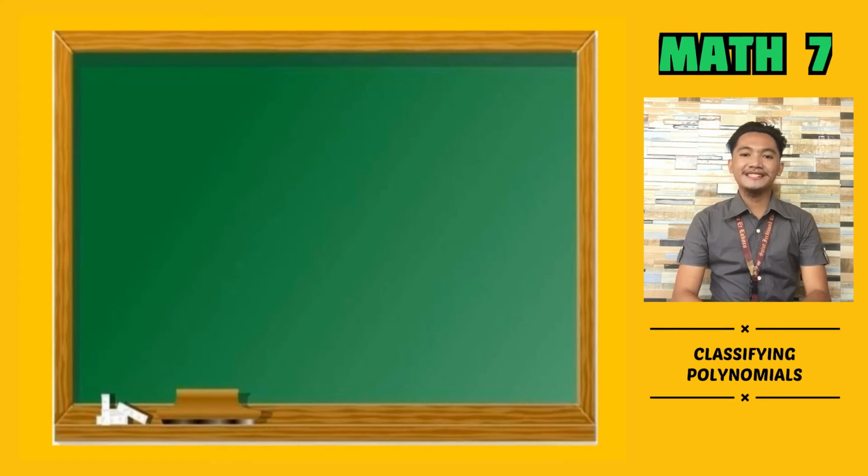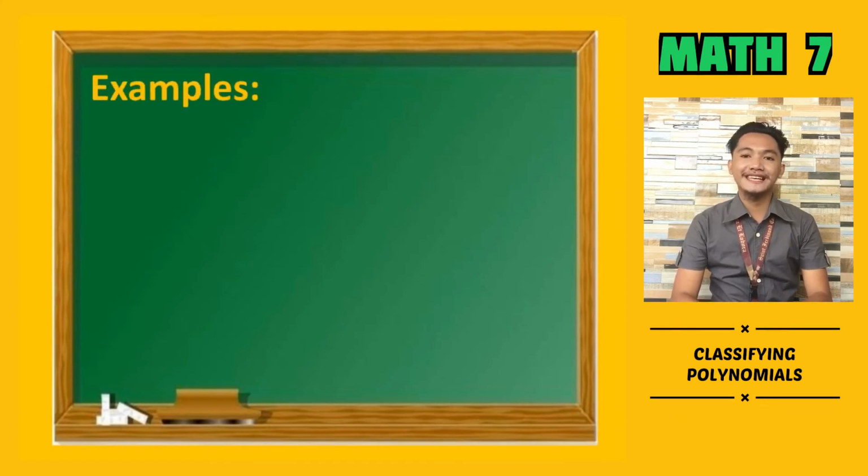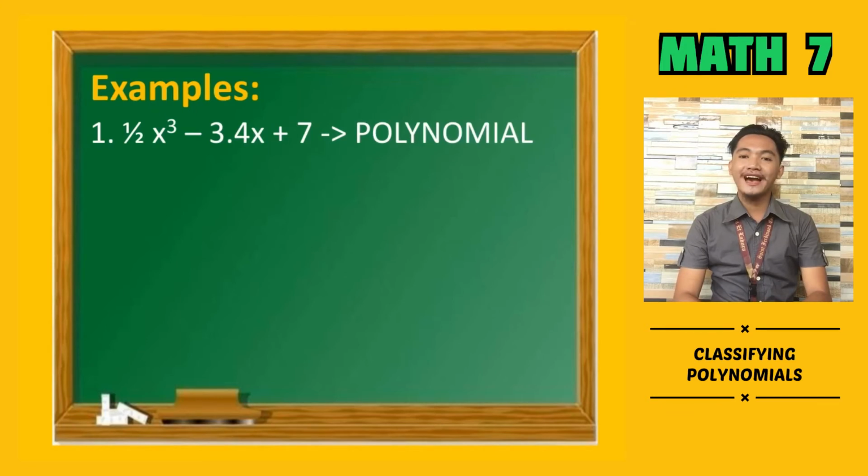This time, let's have examples and let us identify if these examples are polynomial or not. First, let's have 1/2 x cubed minus 3.4x plus 7. It is an example of a polynomial, for we do not have a negative exponent.